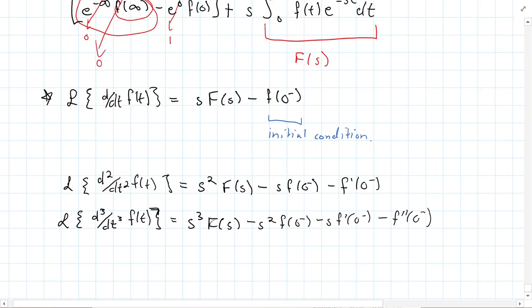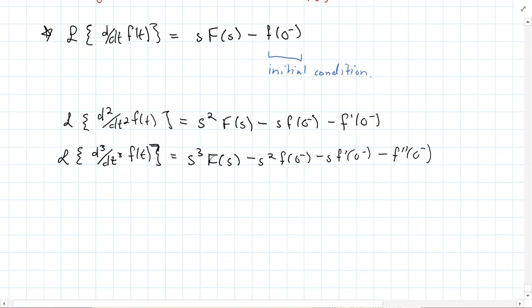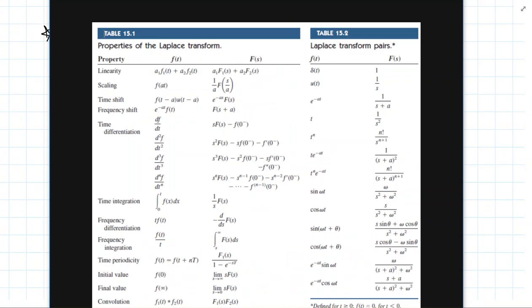And we can continue the pattern on forever. Now we're not going to really need that high of order derivatives, but we could still move on and do those as well. Okay, so let's go back to this table. So we've got this linearity, and then look, we've got all these time differentiations going on here. And if you want to go on forever, this is the pattern to follow.